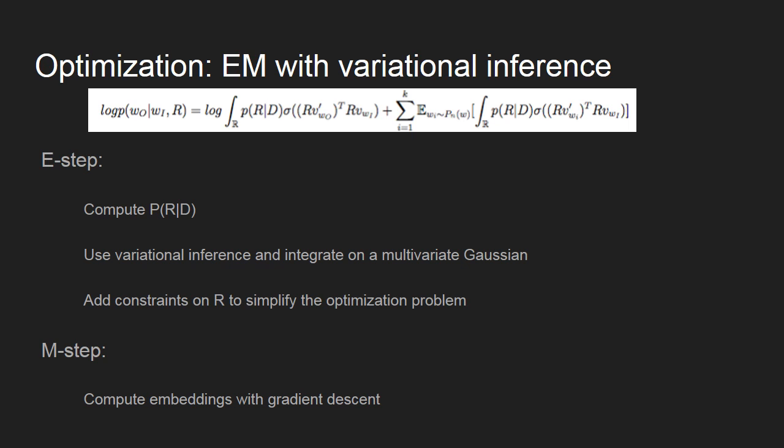We optimize the likelihood using the traditional EM process and this step here. For the E step, we compute each P(R|D) weight, and then use variational inference and integrate on a multivariate Gaussian distribution.